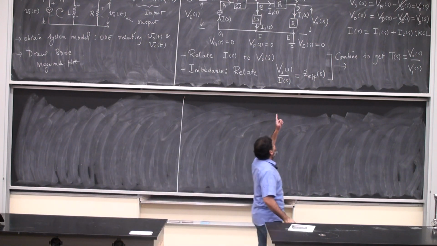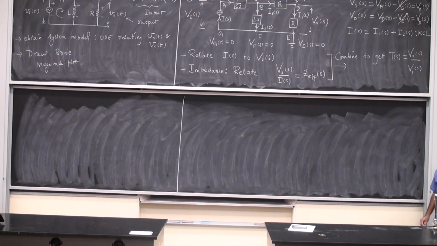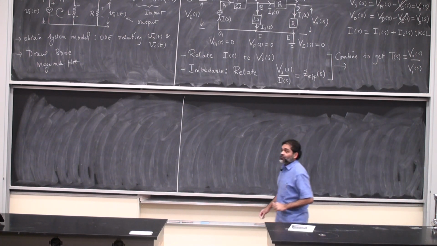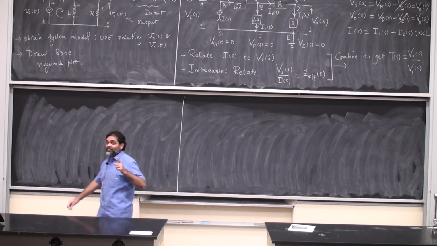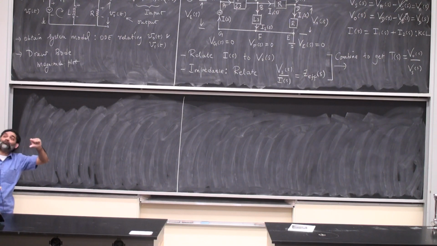I'm going to refer back to my figure on the top panel there, so I'm not going to redraw everything. The first thing I notice is, look at the last resistor R. I can relate the current I1 to V0 by saying that V0 by I1 is equal to the resistance R. Okay?